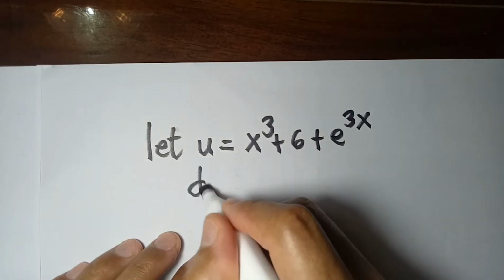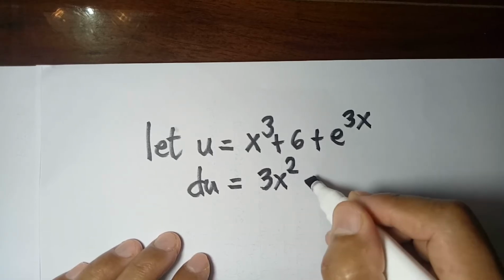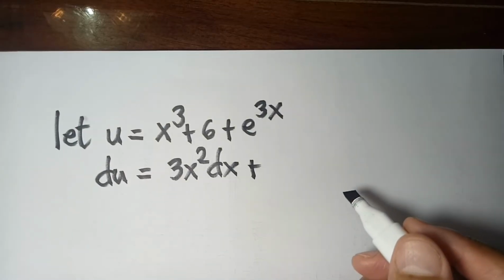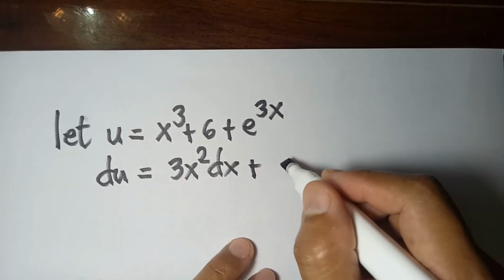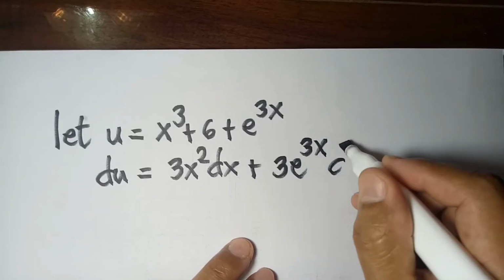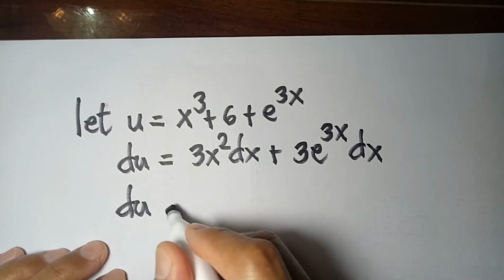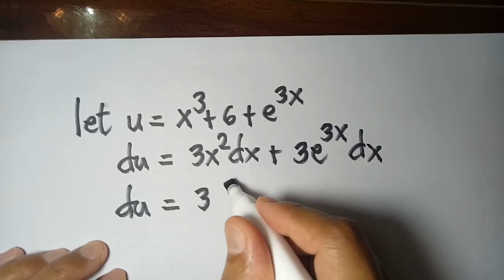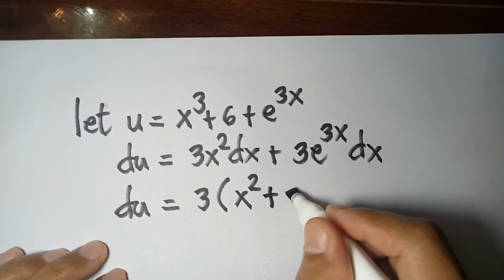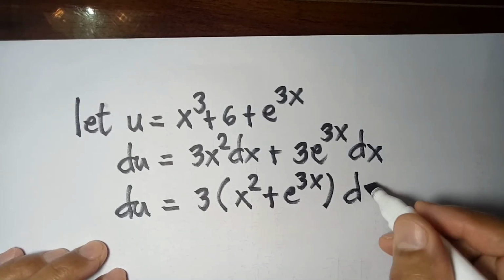And then du equals 3x squared dx. The derivative of 6 is 0. And for e raised to 3x, the derivative is 3 e raised to 3x dx. So I will have du equals 3 times x squared plus e raised to 3x dx.